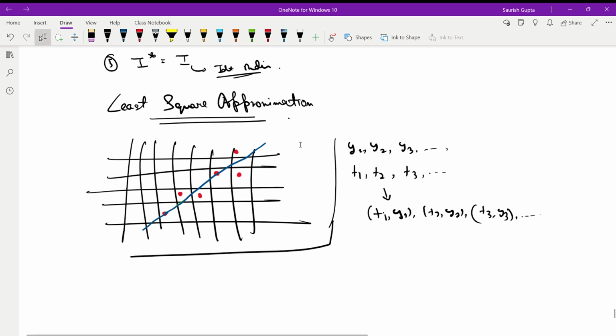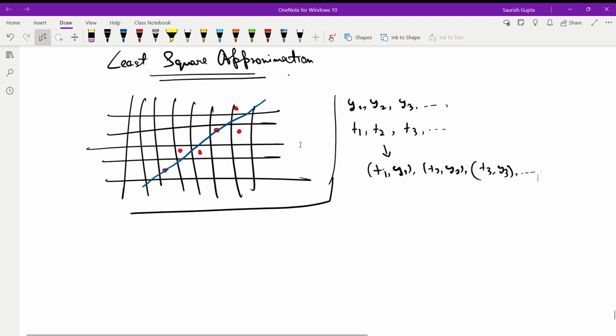Now our goal when forming the line was to establish a linear relationship between the data y and t. That was the actual goal for which we constructed this line, and we made sure that it passes through as many points as possible, with the other points not falling on the line being very close to it, in order to at least approximate a linear relationship.